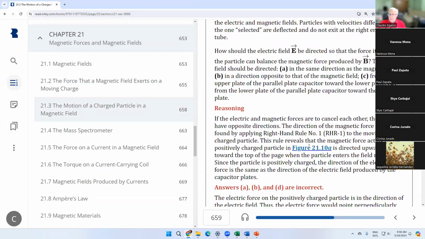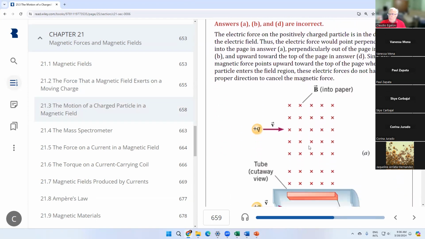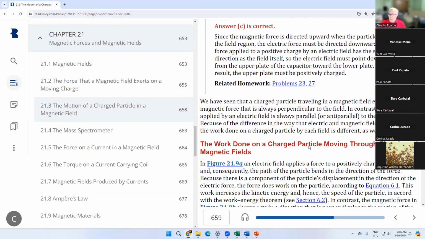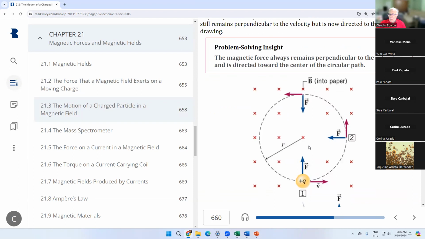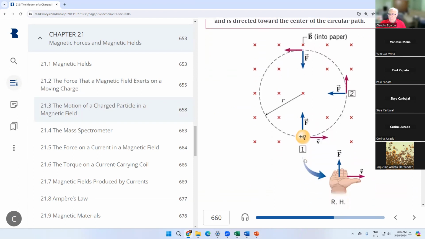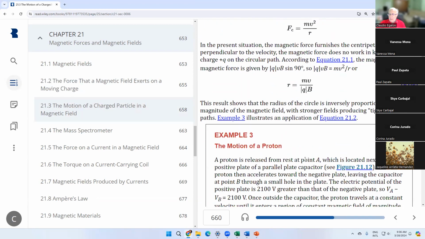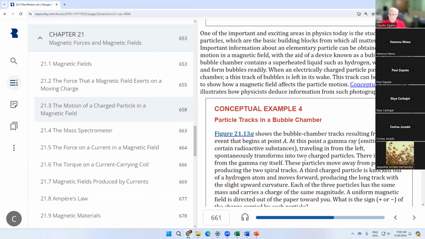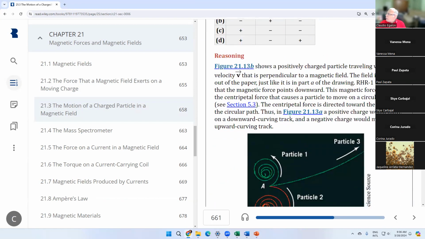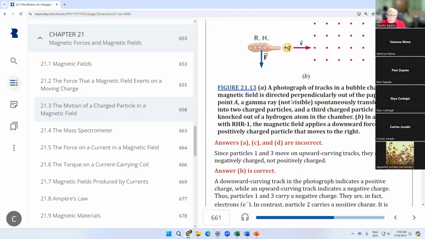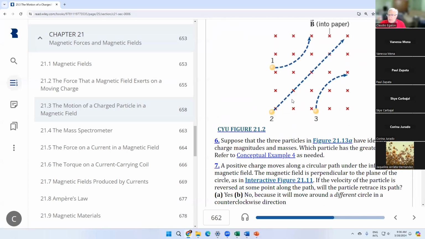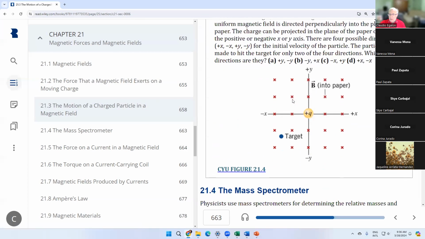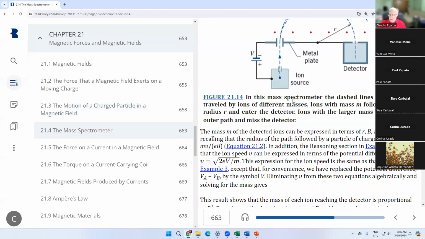Now let's see if they have an illustration of the spiral motion. Here you go. Same illustration that I put for you there. Unfortunately, it doesn't look like we have it here.